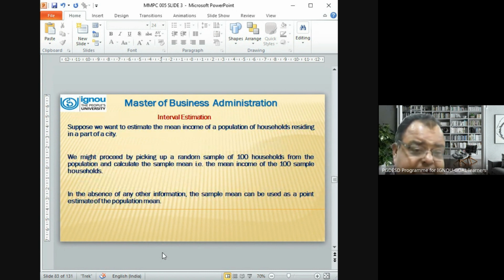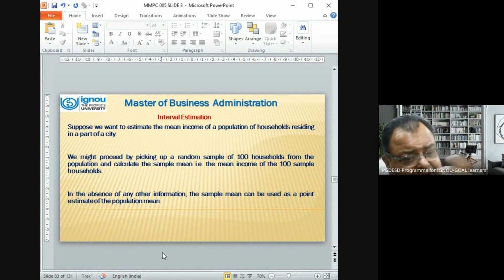Interval estimation. Suppose we want to estimate the mean income of a population of households residing in a part of a city. We might proceed by picking up a random sample of 100 households from the population and calculating the sample mean. That is what we are doing. We are finding the mean income of 100 sample households.